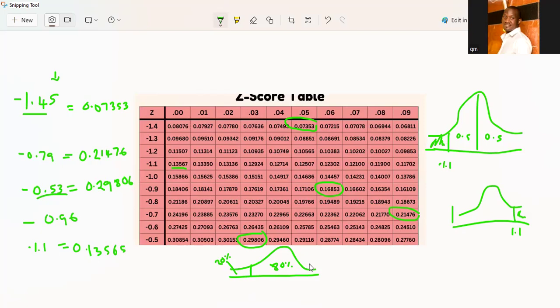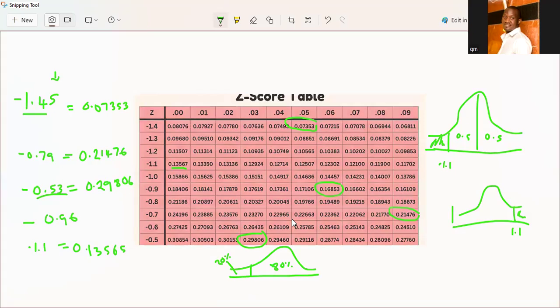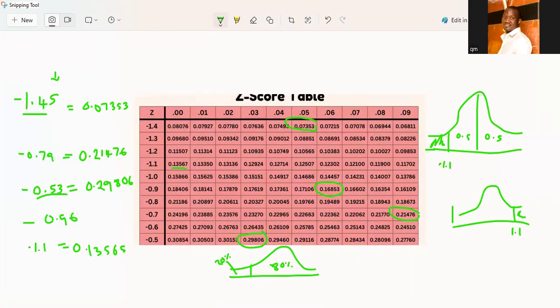So when we are standardizing the values of Z, we must learn to understand that we're simply standardizing to those values so that we're able to read what is in the table. Yeah, just so that we're able to understand what is in the table.